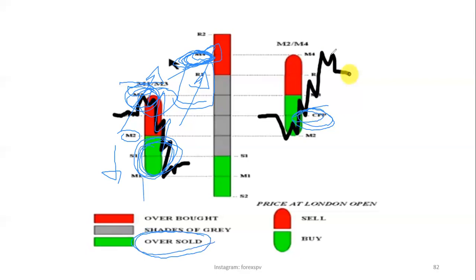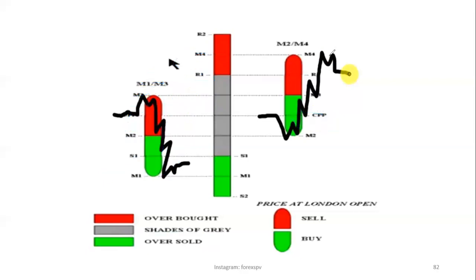So when you're taking trades for sales around this area, then you'll be chasing price. So that's something that you should note down. You should take trades around M3 or R1 for high probability setup trades. And if it has broken the M2 pivot going down, then this is an oversold area, and when you're taking trades at this point, then you are chasing price.